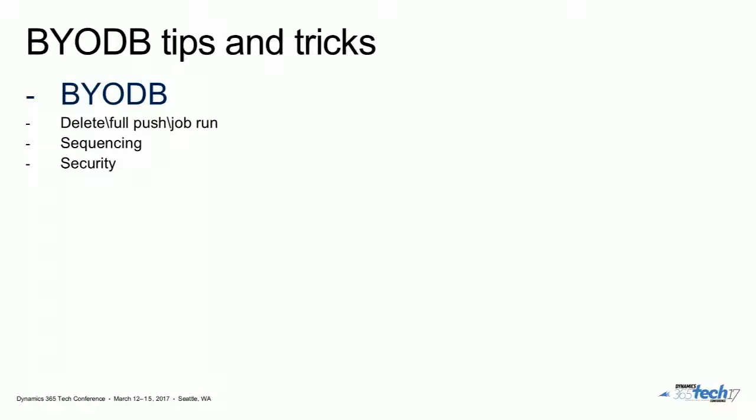So for these scenarios, you have two options. One is if it is not a real critical need, you can do a full push once a day so that the data gets flushed, and throughout the day you can do incremental push. That way, if something got deleted during the day, it's updated in your database the next day, right?